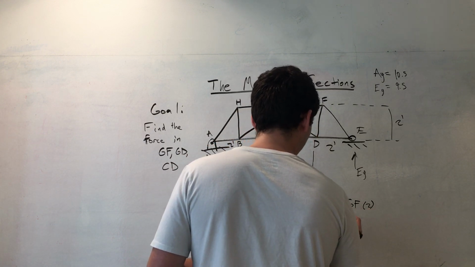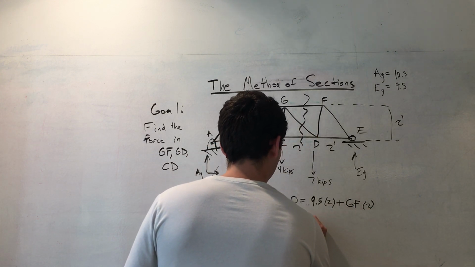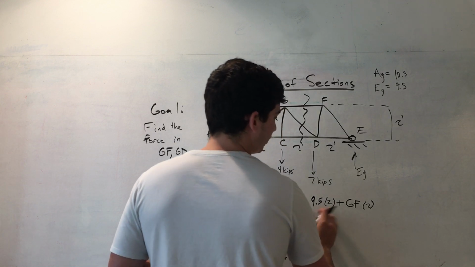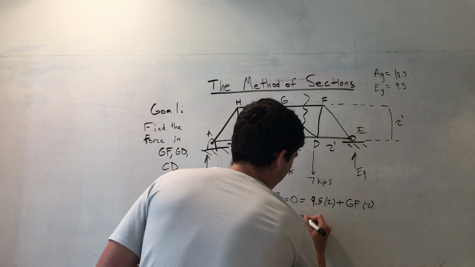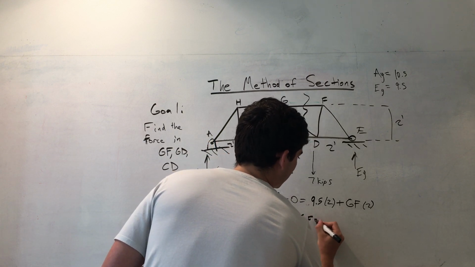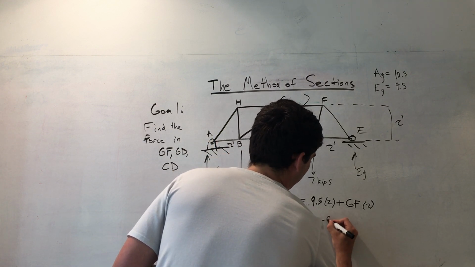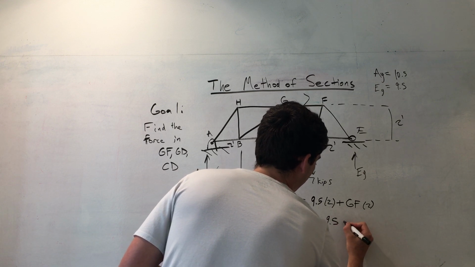And now we find that, okay, these two are positive, so we know that GF is going to be negative. We move it over, and GF is equal to negative 9.5 kips.